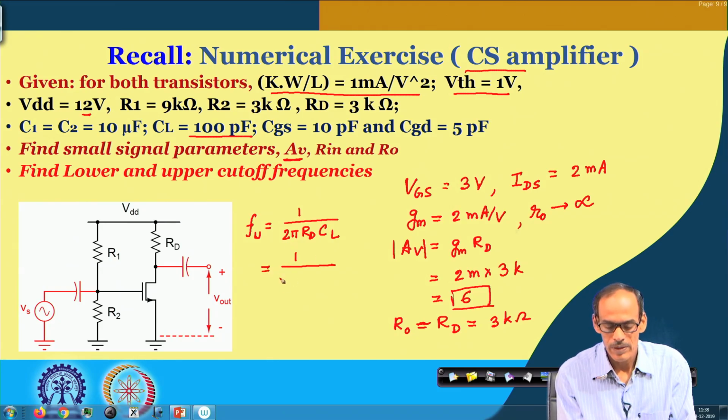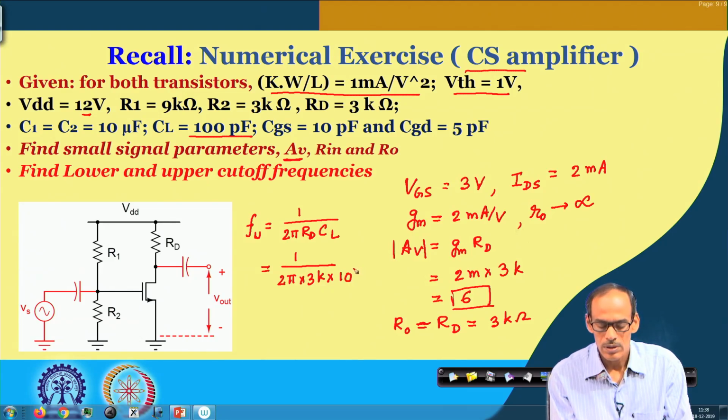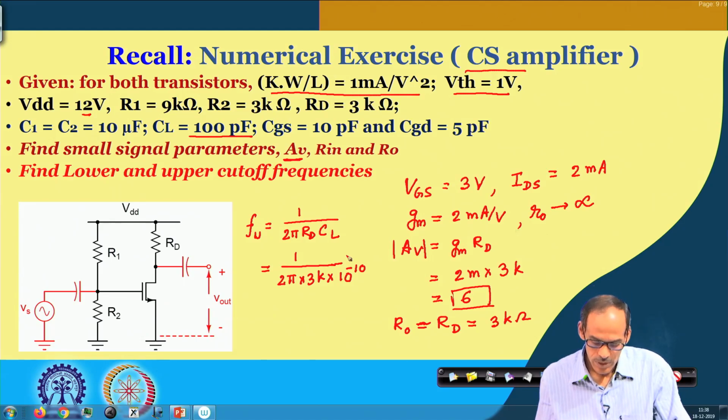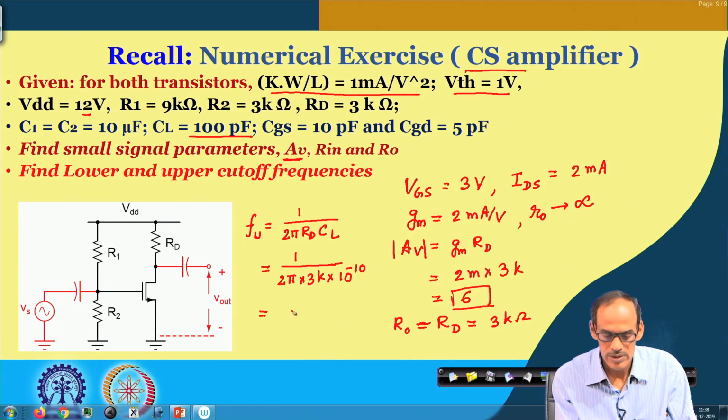So, it was 1 by 2 pi and then 3 K into this 100 pico, that means 10 to the power minus 10. And in fact, if you calculate it, this gives us 530 kilohertz.